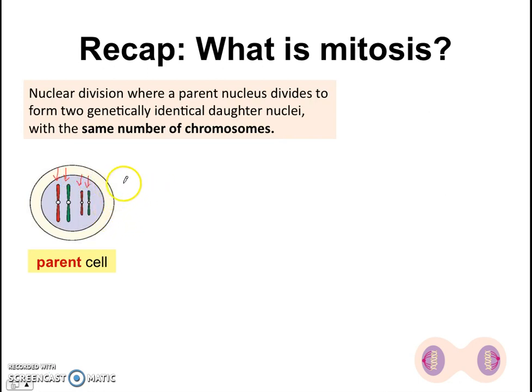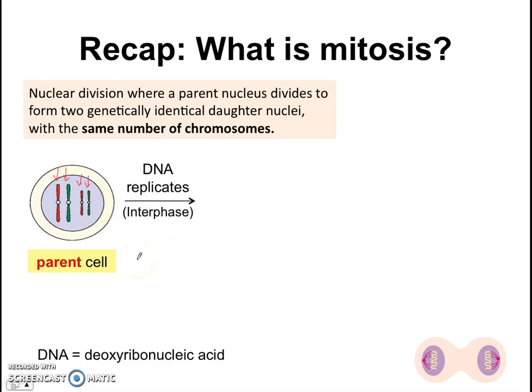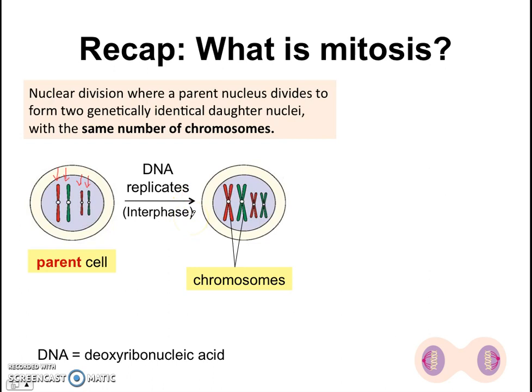Now we remember that before the parent cell divides, it needs to grow. So it goes through interphase. It grows, builds new protoplasm, and it replicates its DNA. It replicates its chromosomes. And as a result, it will look something like this.